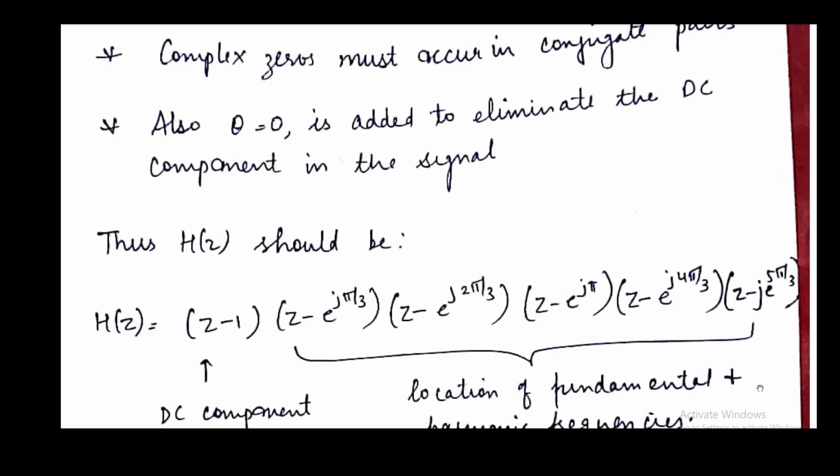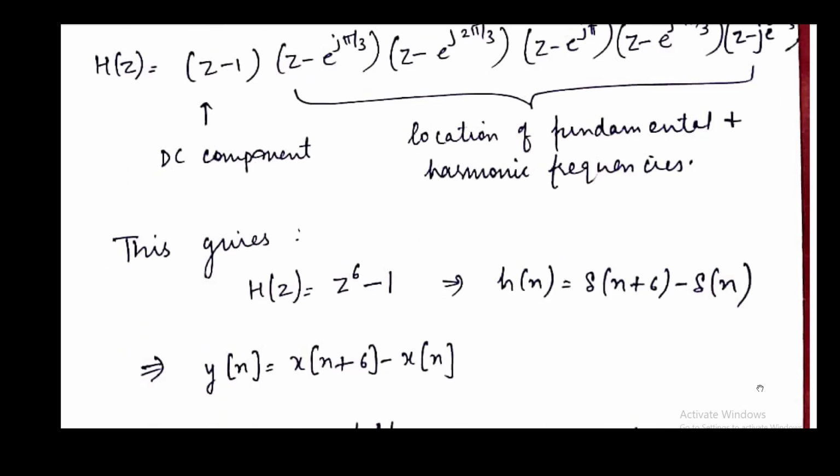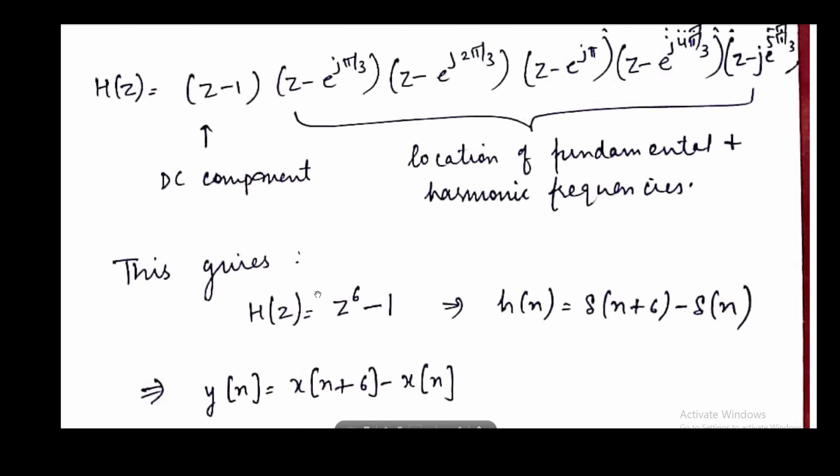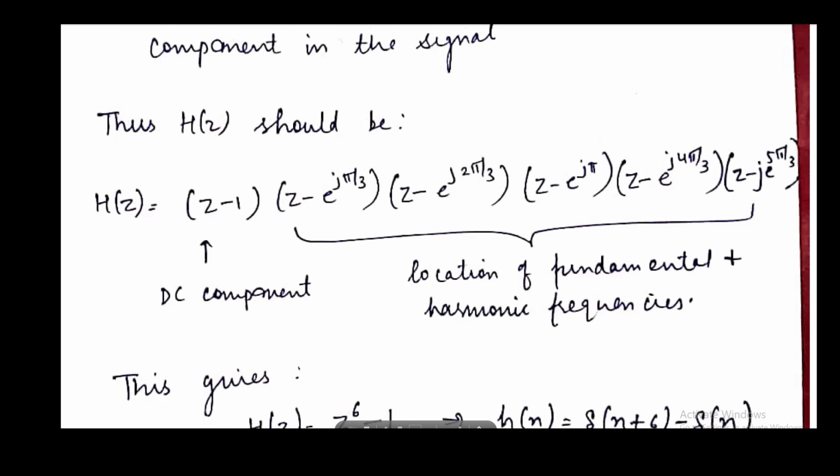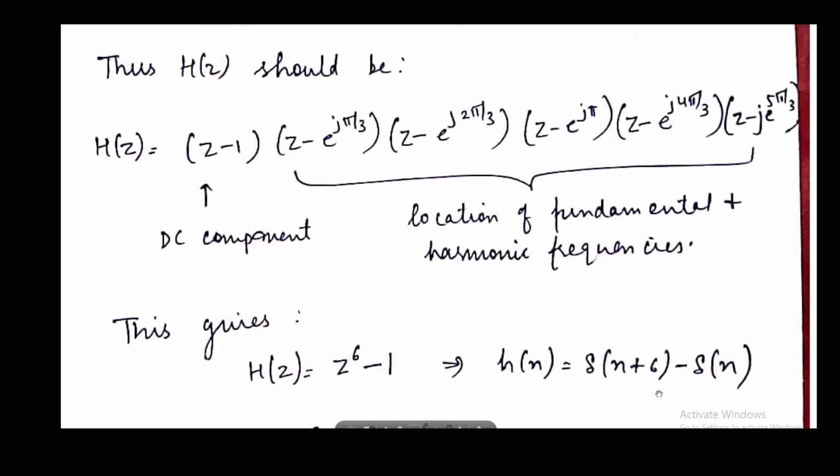Now if you see this filter, and if I solve these equations by keeping all the complex exponentials, you will get H(z) as z raised to power 6 minus 1. So if I want to calculate the impulse response, as we have seen in the Z transform, h(n) will be delta(n plus 6) minus delta(n). So delta(n plus 6) corresponds to z raised to power 6 and 1 corresponds to delta(n).